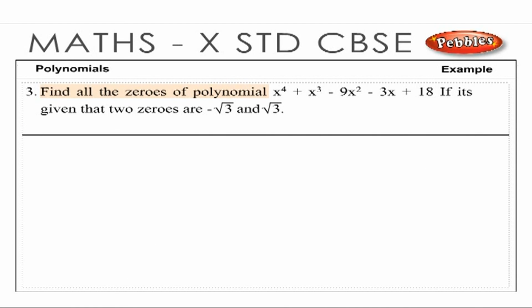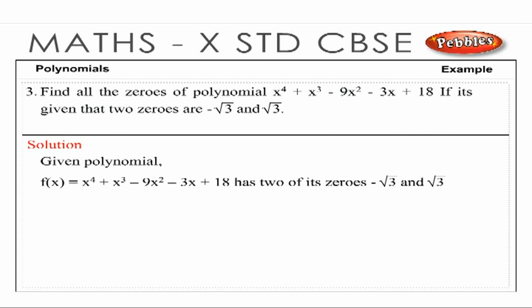Find all the zeros of the polynomial x power 4 plus x cube minus 9x square minus 3x plus 18, if it is given that two zeros are minus root 3 and root 3. Solution: given polynomial f of x is equal to x power 4 plus x cube minus 9x square minus 3x plus 18 has two of its zeros minus root 3 and root 3.